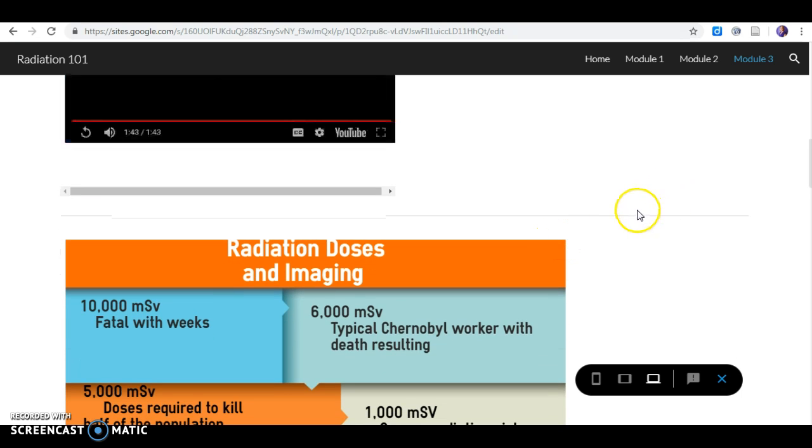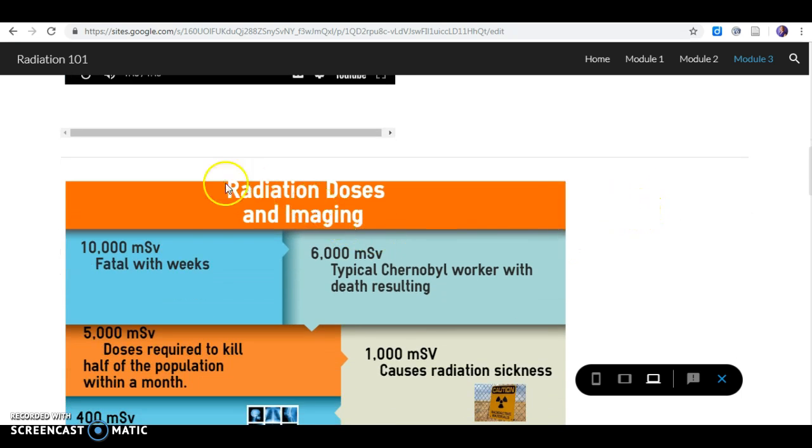And as we continue down the page, you'll see the radiation doses in imaging and the amount of radiation associated with certain radiation disasters, nuclear plant disasters.